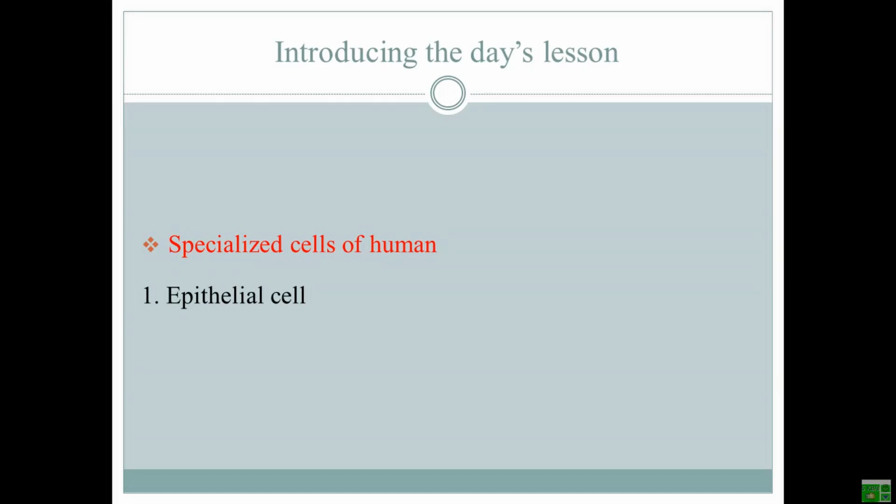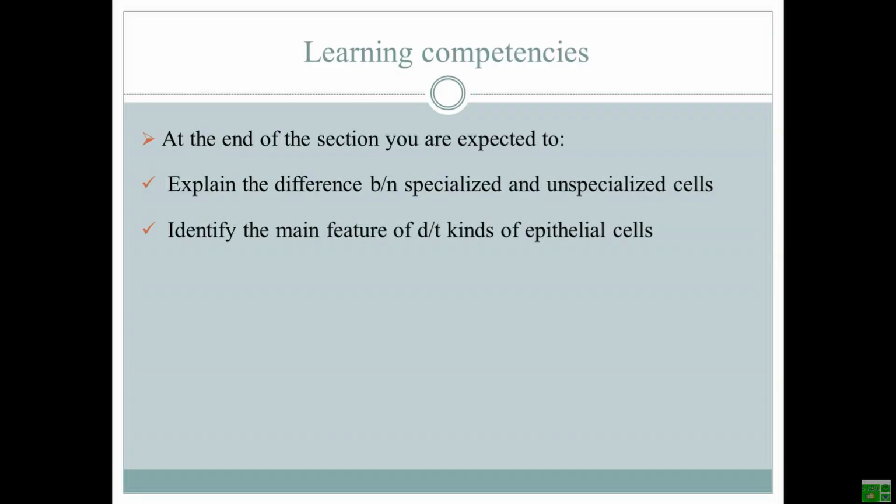In this lesson we are going to discuss epithelial cells in depth. The learning objectives: at the end of the section you are expected to explain the difference between specialized and unspecialized cells and identify the main features of different kinds of epithelial cells.